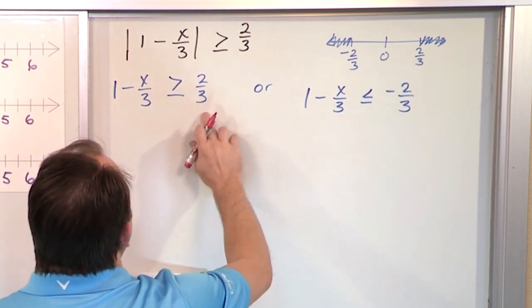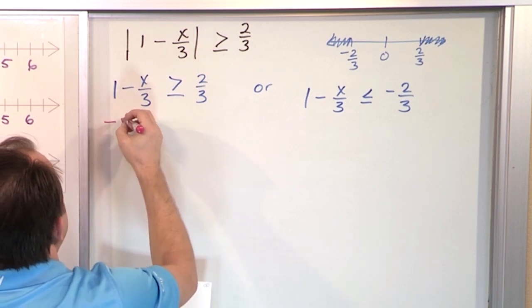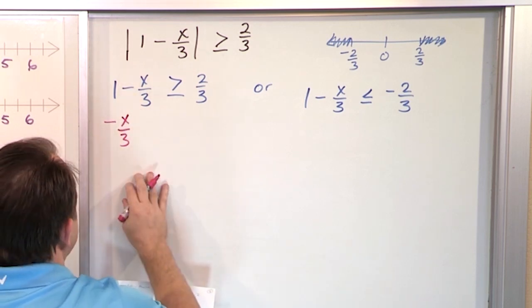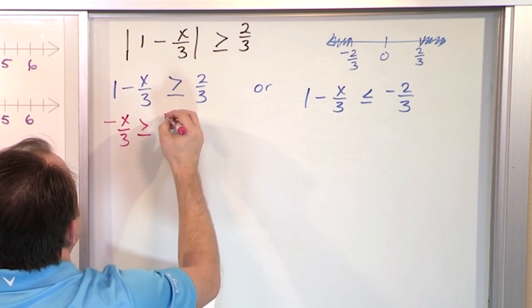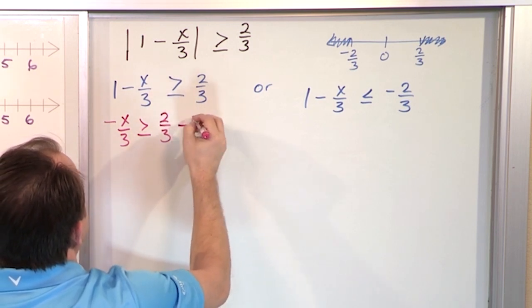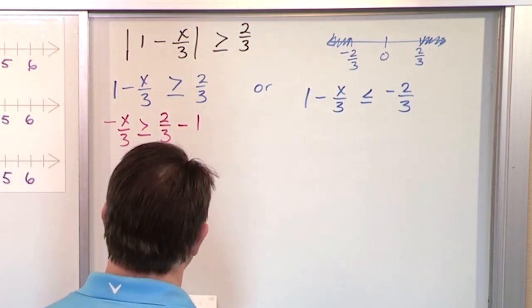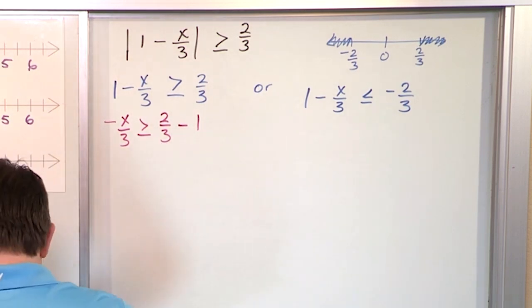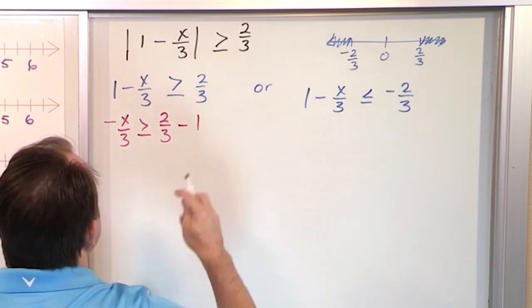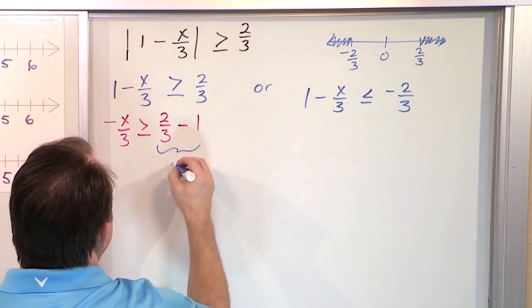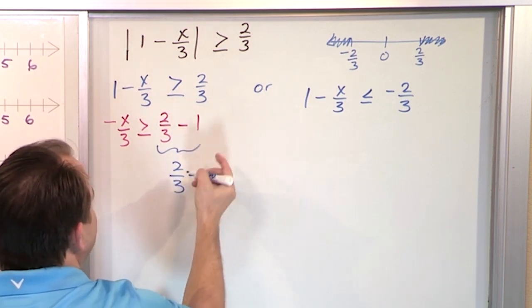So we move 1 over here by subtracting, and you'll have negative x over 3 left on the left side, greater than or equal to what we have, 2/3 minus 1 on the right-hand side. But what you have here is, let me switch colors to make it clear. 2/3 minus 1, you can probably do this in your head, but you can write the 1 any way you want.